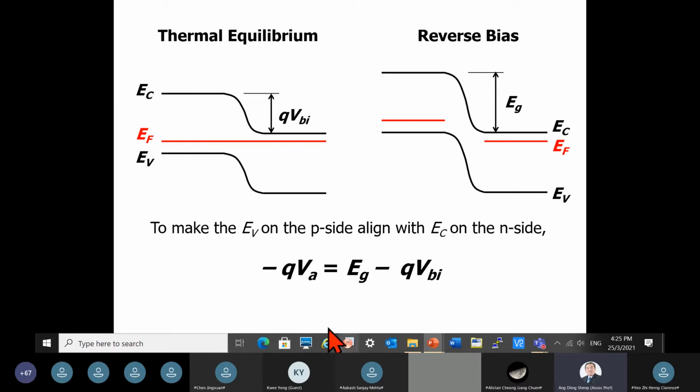However, at such a voltage, the current that flows through the junction may not be large because besides having to align the EV and the EC, there are two other conditions that must be fulfilled. The thickness of the tunneling barrier must be small, and the strength of the electric field probably should be large.